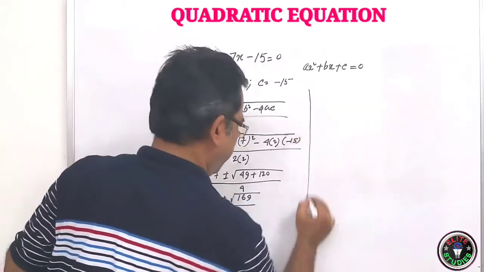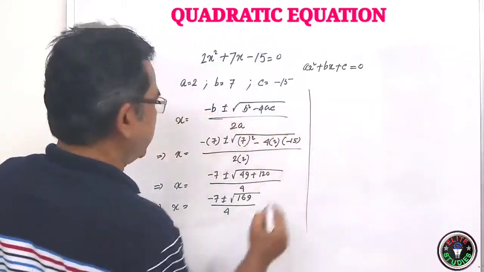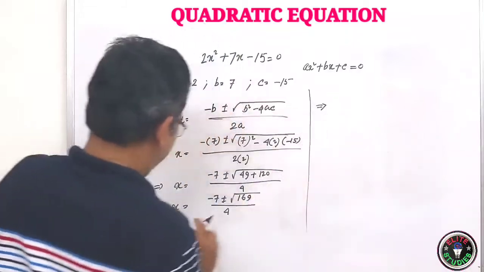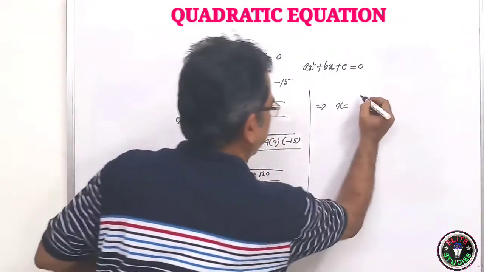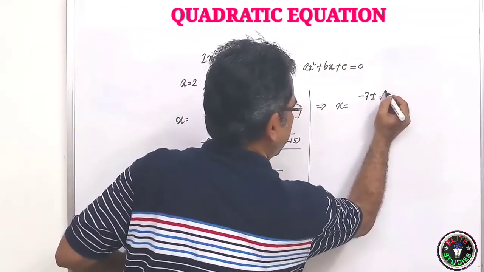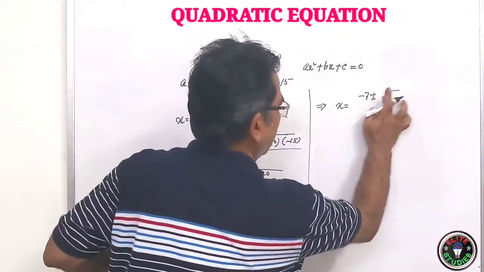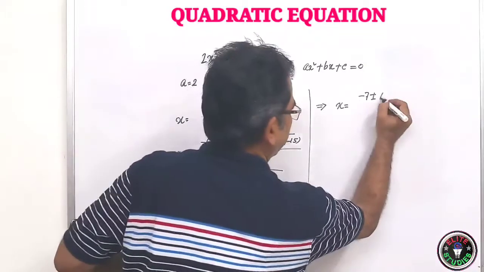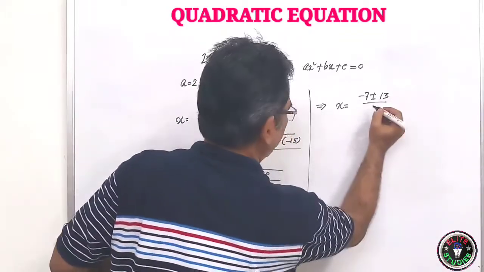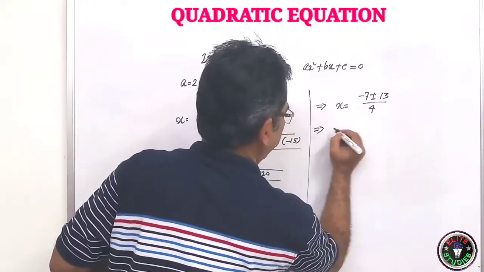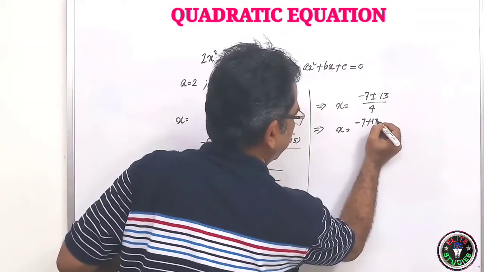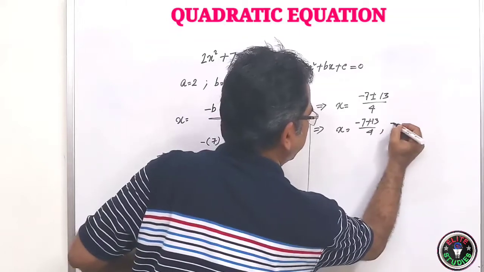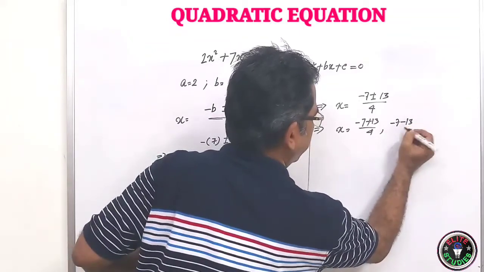So here we can write x is equal to minus 7 plus minus root over of 169, which is 13, divided by 4. So here x is equal to, you should take plus 13 by 4, and another one is minus 7 minus 13 by 4.